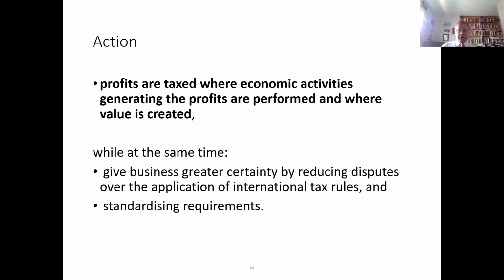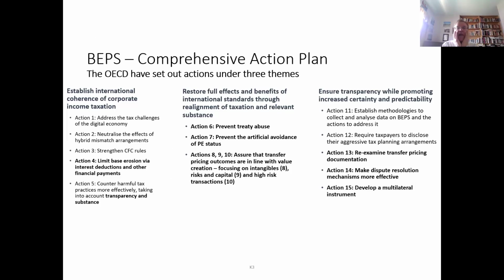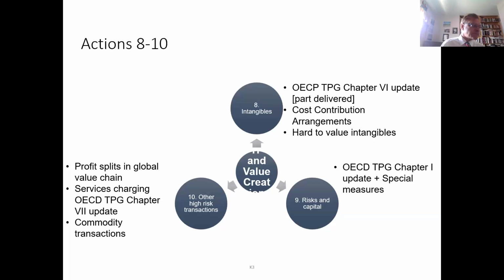That is part of the BEPS comprehensive plan, and therefore, you look at transfer pricing. There have been increased documentation requirements, and actions 8, 9, and 10 are all about transfer pricing outcomes being in line with value creation. Where you're creating value, that is where you should be recognizing the income and therefore paying taxes.